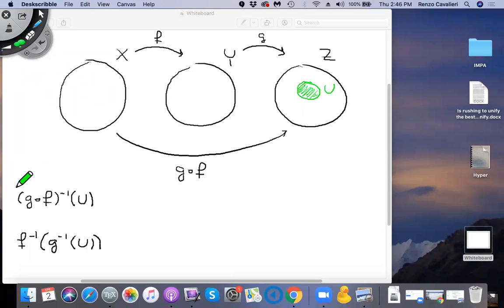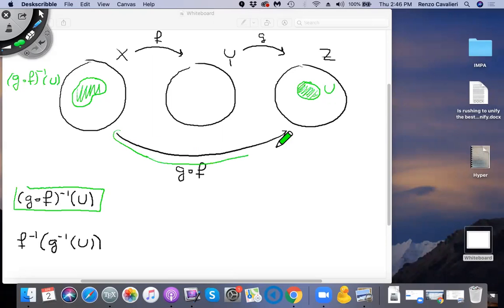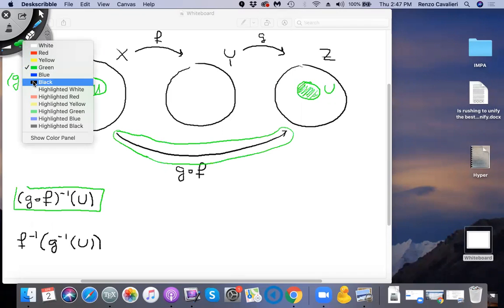And in this first case, we're saying what are all the elements of X that this function right here sends immediately inside U. Okay, so that's this set.